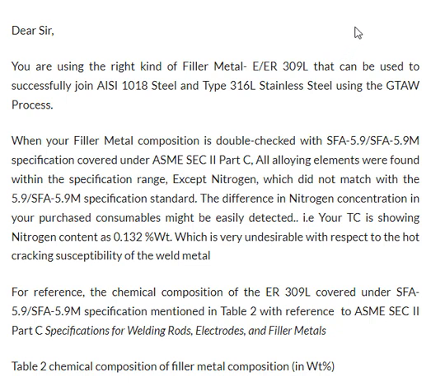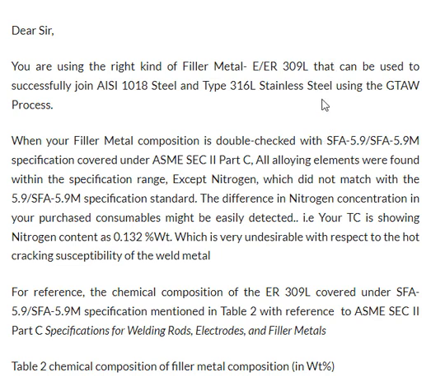So the fabricator is observed to be using the right kind of filler metal, that is ER309L, for the GTAW process to join these two metals, AISI 1018 steel and type 316 stainless steel.